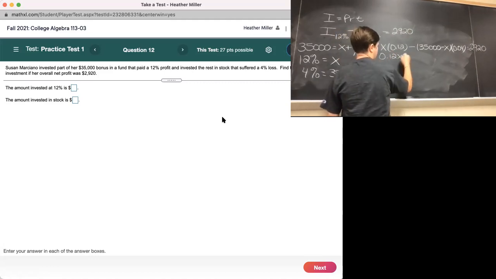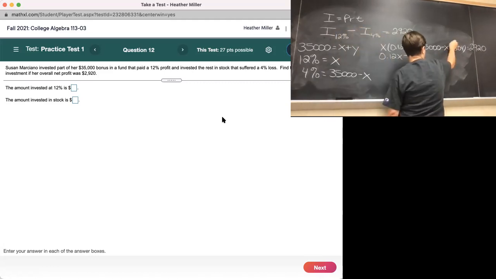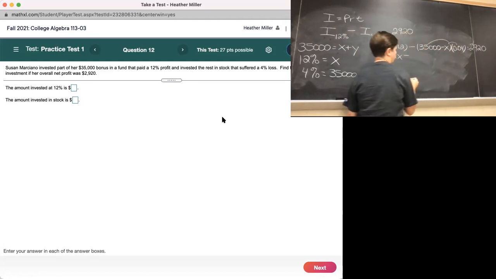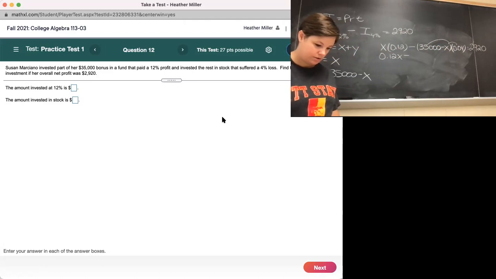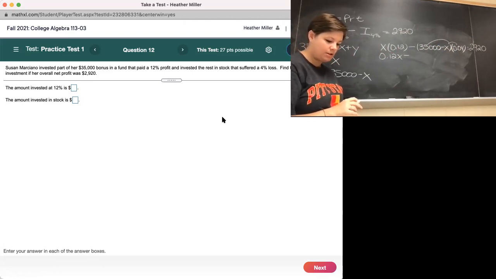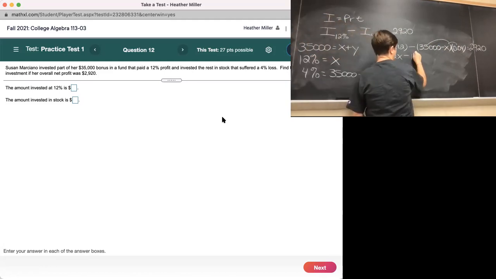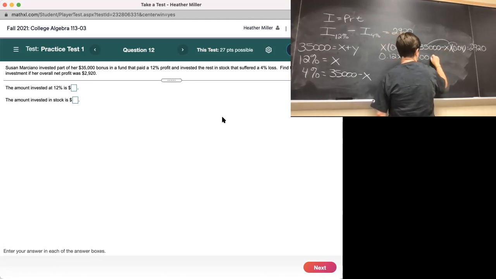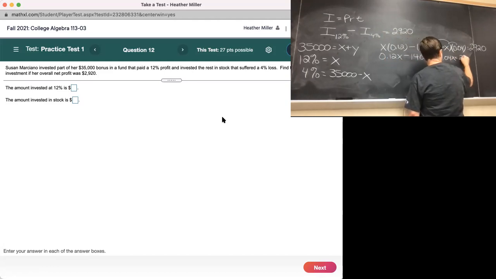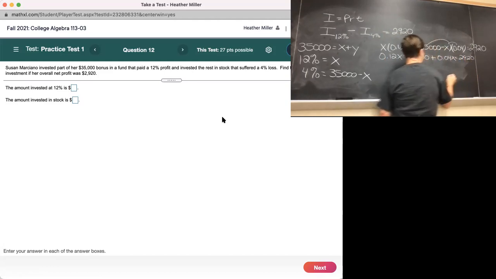0.12x minus, I'm going to distribute that 0.04 into both. 35,000 times 0.04 is 1,400. And we have a minus and a minus, so it's going to make that a positive 0.04x equals 2920.